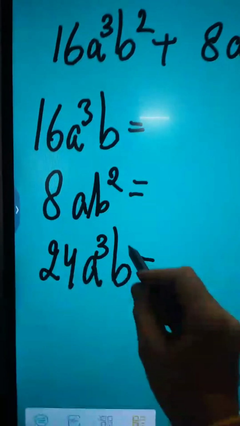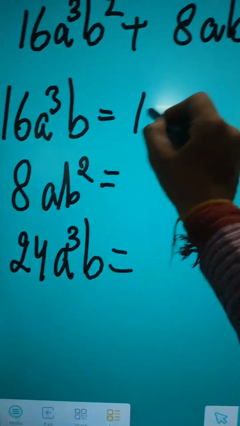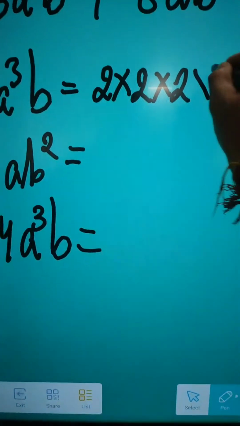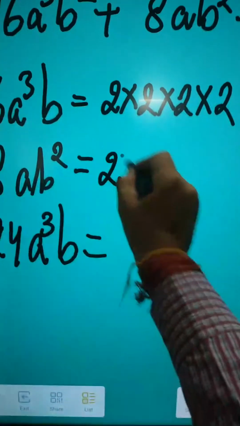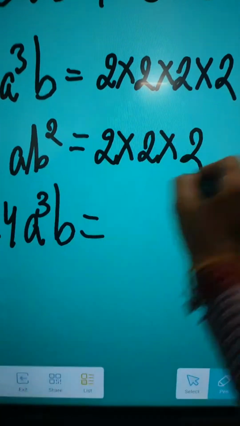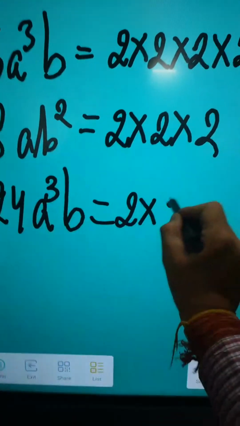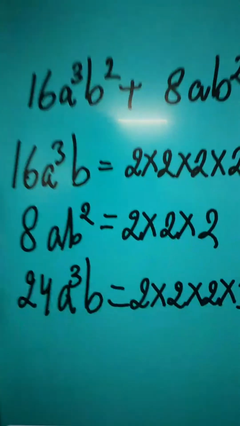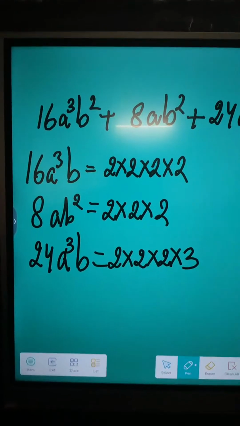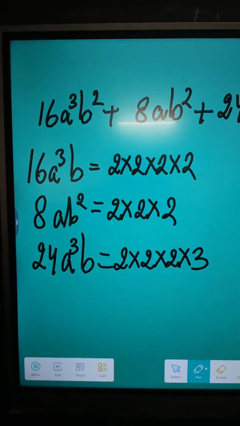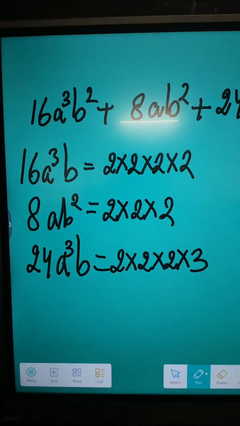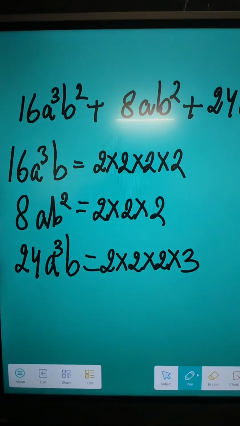I am finding the HCF, the common part. 16 should be written as prime factors: 2 into 2 into 2 into 2. 8 is 2 multiplied 3 times. 24 is 2 into 2 into 2 into 3. These are the factors of the number. 16 means 2 multiplied 4 times, 8 means 2 multiplied 3 times, and for 24 you can watch this step again to understand.